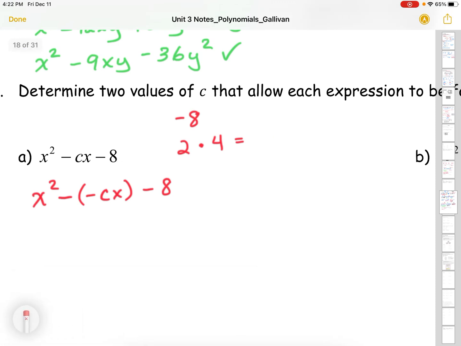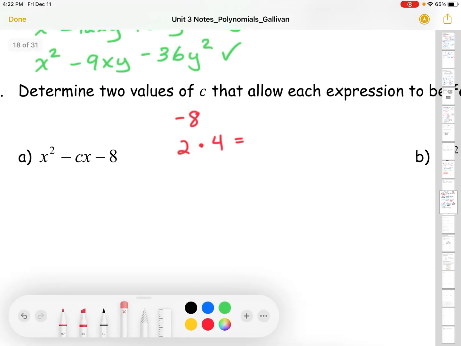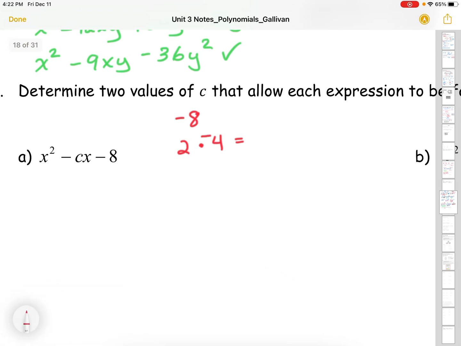Ooh, we got to have a bigger number. Never mind. Okay. I think they want it specifically to fit that criteria. So if I make 4 negative and I add them, I will get -2. And that would fit in there, right?